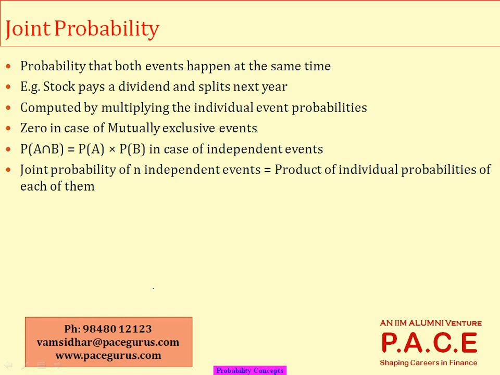And whenever we are talking about a multiplication rule, the other word for the multiplication rule is also joint probability.